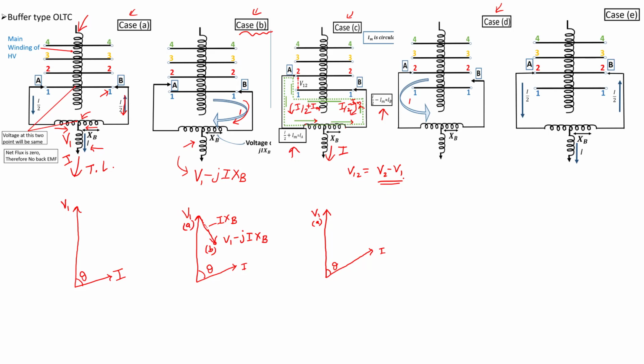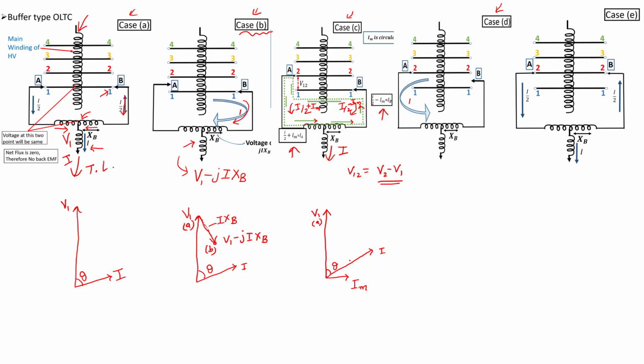Now V12 is in phase with V1 and V2, because in transformer windings, every turn is in phase with the total winding voltage. So V1 is in this phasor, and 90 degrees to it is the phasor of magnetization current IM, which is circulating.